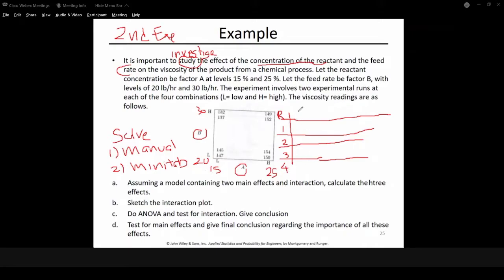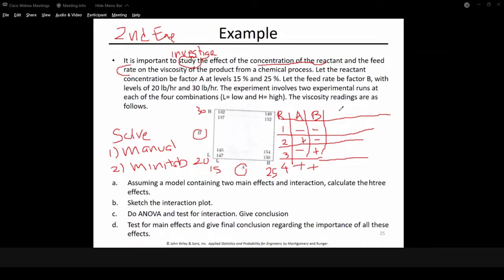You have factor A and factor B. Remember, start negative, then negative plus, then negative, negative plus, plus. Standard order design.